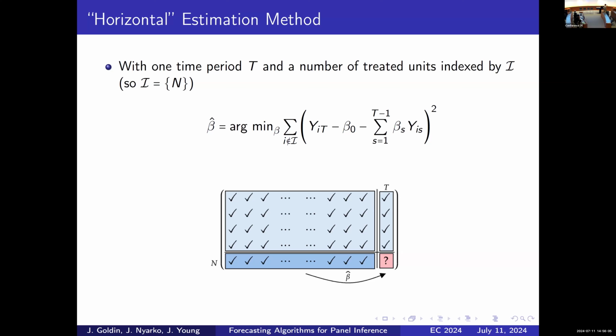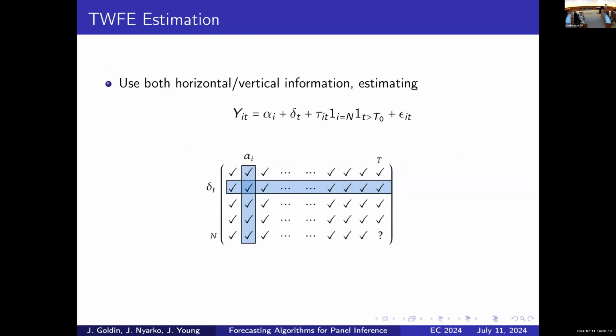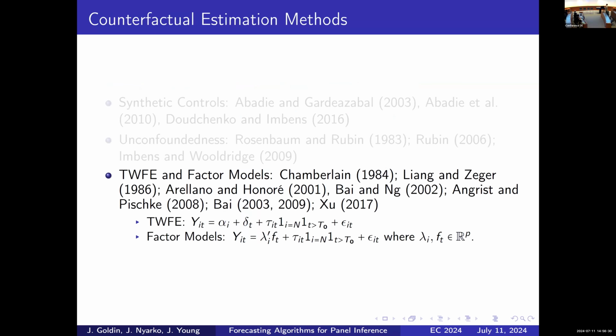This might not look quite like unconfoundedness, but it kind of is if you think about learning a conditional response function and imputing that for the other unit. Another way you could do this is to leverage information across the panel in both directions simultaneously. This falls under the umbrella of two-way fixed effects estimation, or more generally, factor models.